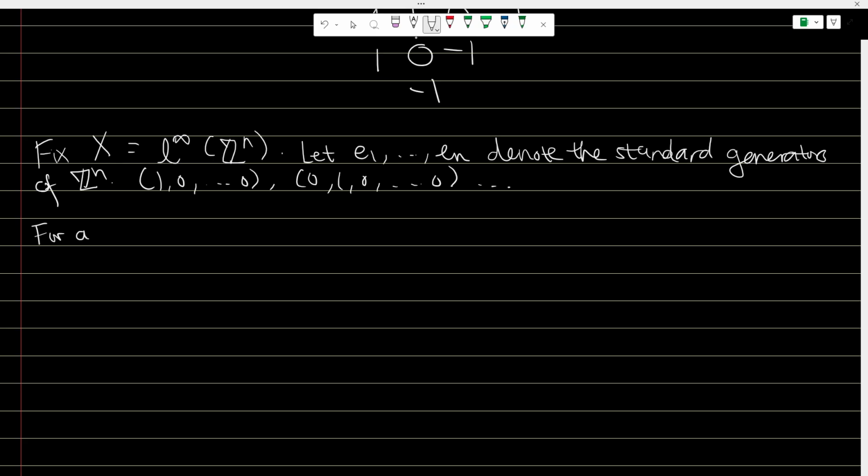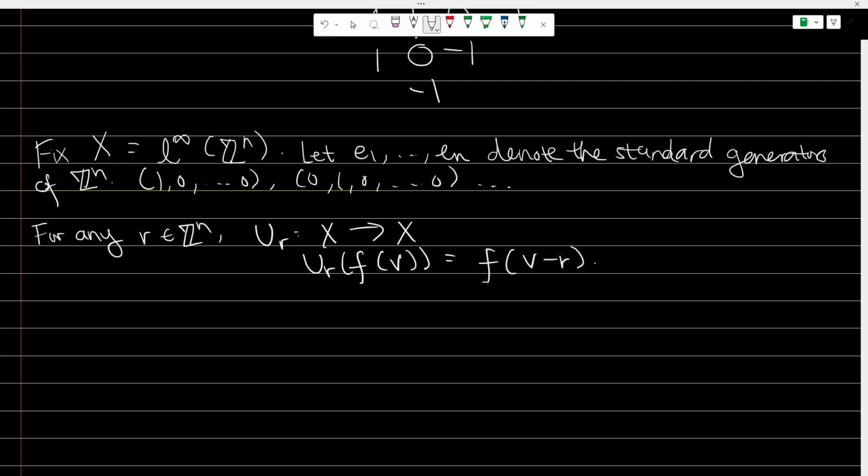So for any group element r in Z^n, I'm going to define U_r from X to X by U_r of f, evaluated at an element v, equals f of v minus r. So this translates by the input r.